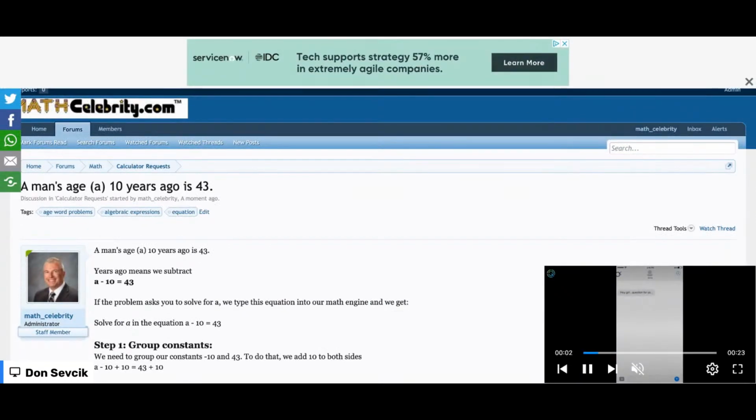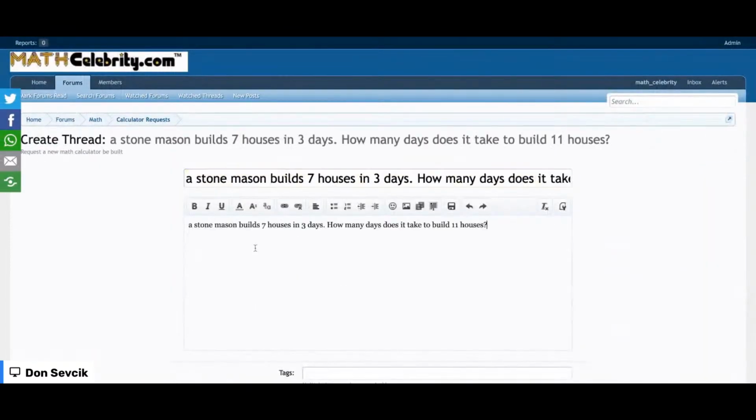All right, let's do this one. A stonemason builds 7 houses in 3 days. How many days does it take to build 11 houses? Let the build rate of houses per day be proportional.